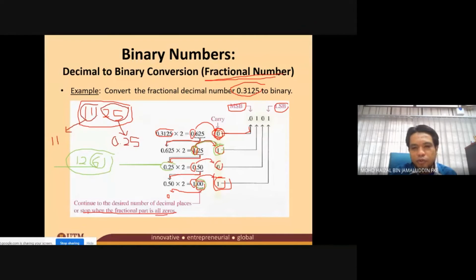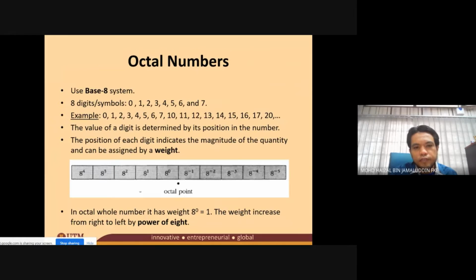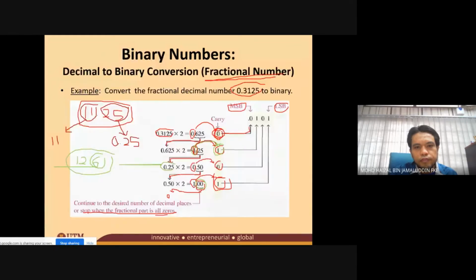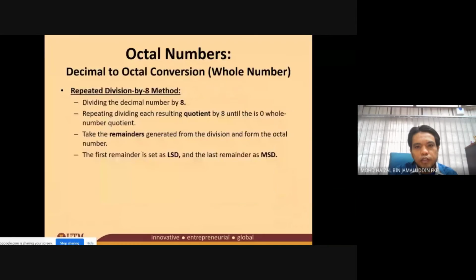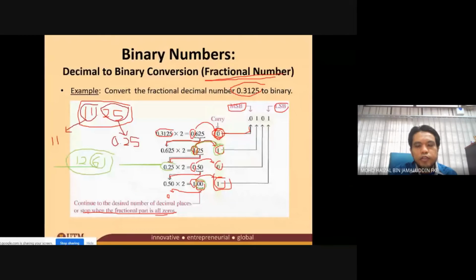Okay, any more questions related to this conversion? Okay, so I think it should be easy. It's just a conversion between decimal to binary, and binary to decimal. So I only give simple examples here of the whole number and the fractional number.